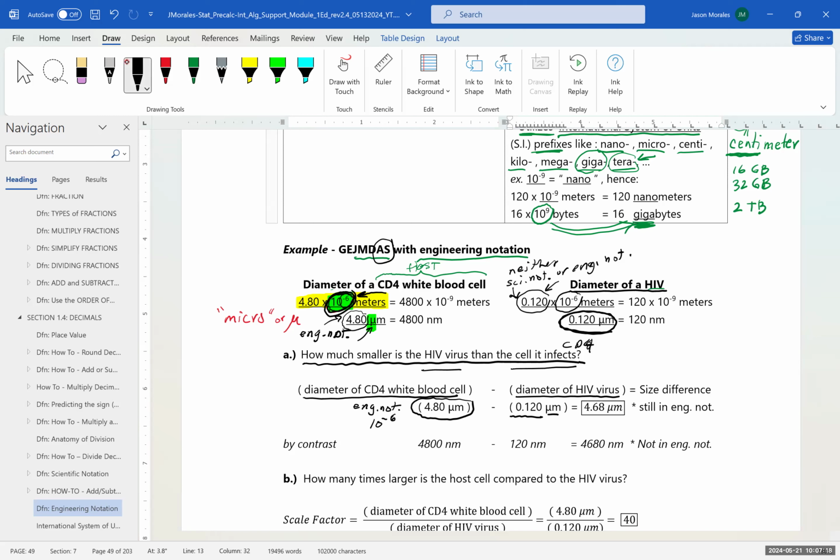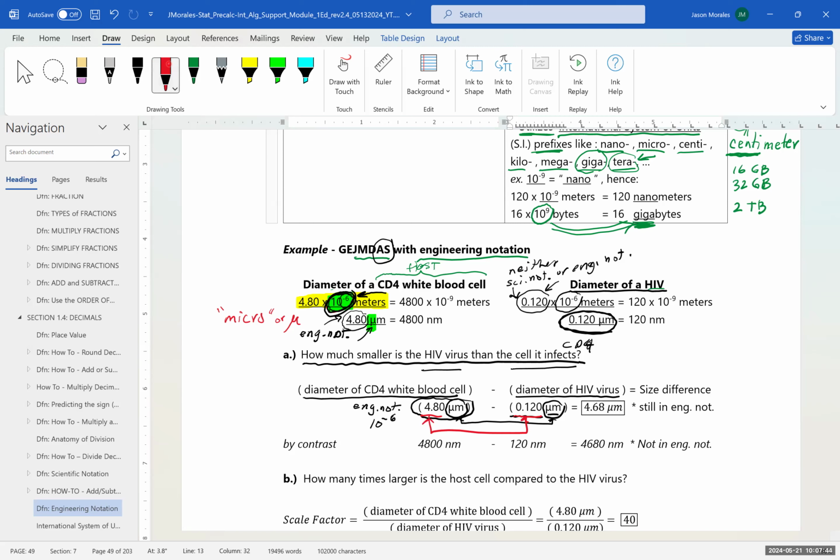micrometers. So what allows us to add or subtract two units in engineering notation is that they have the same units here, micrometers and micrometers. So when the units are the same, then you can freely add or subtract these values out in front of the units.